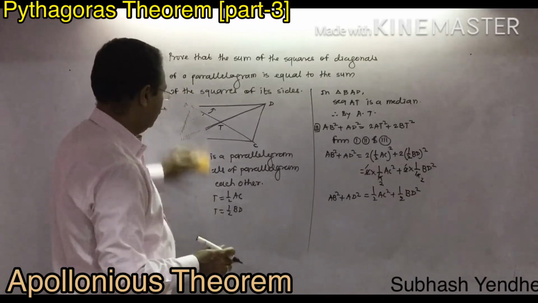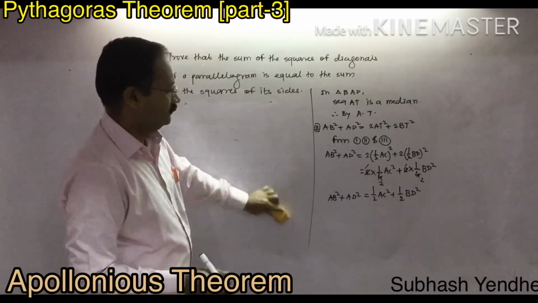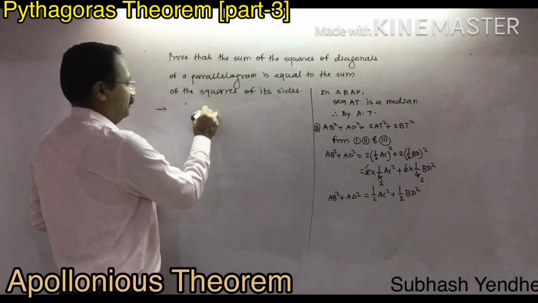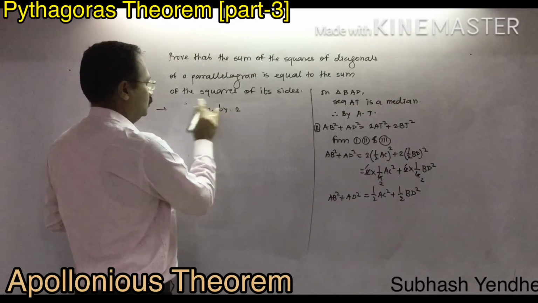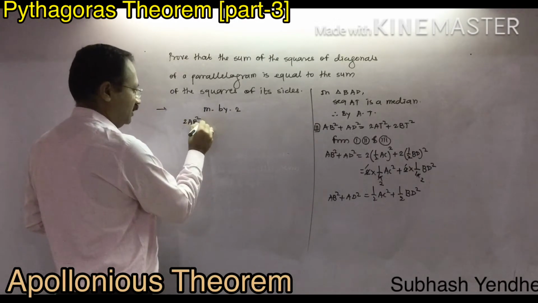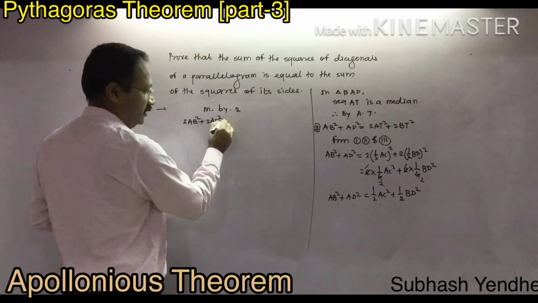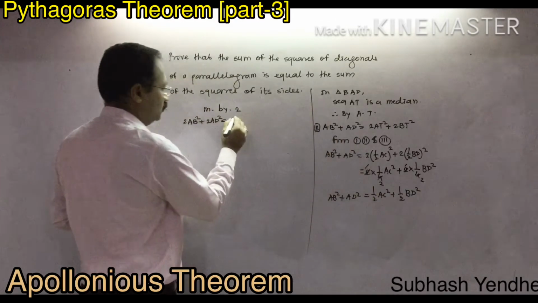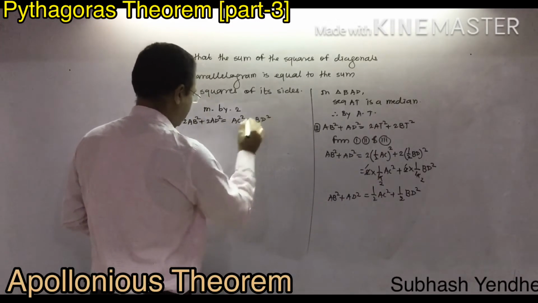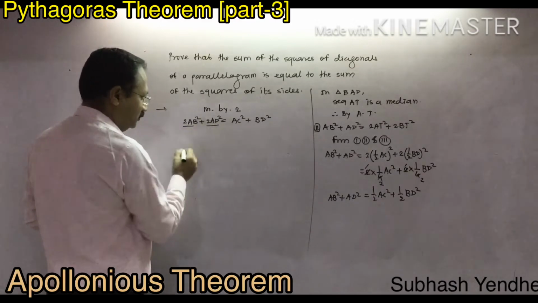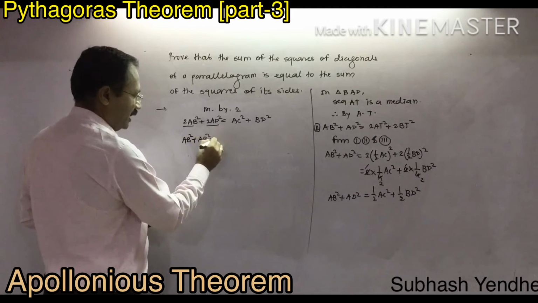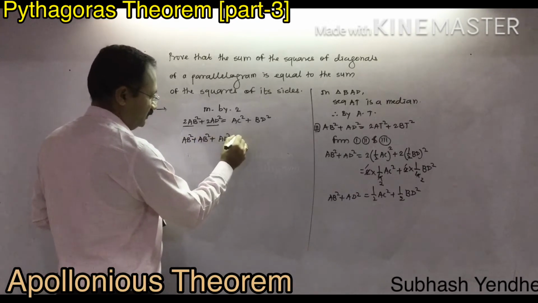From this one, if you multiply by 2 on both sides, we get 2AB square plus 2AD square equals, if you multiply by 2, the 2 will be cancelled, AC square plus BD square. Can I split this 2 as AB square plus AB square and AD square plus AD square?